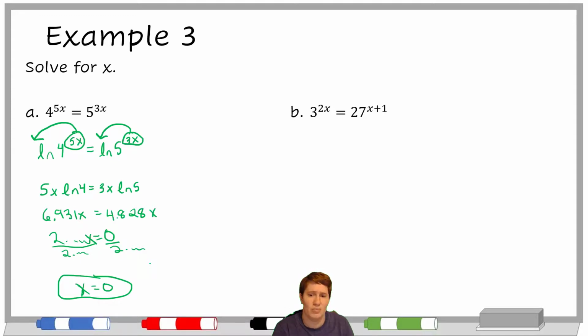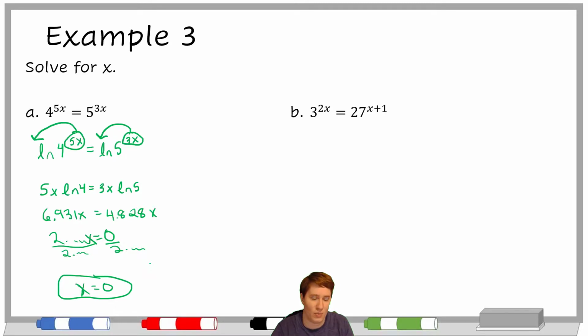We can do basically the same thing on b, but there's actually another way we can do it that maybe is easier. It doesn't involve using logarithms, so I think it's got that going for it. The way we can do this without logarithms only works if you can think of a connection between these two bases. So we have 3 and 27.